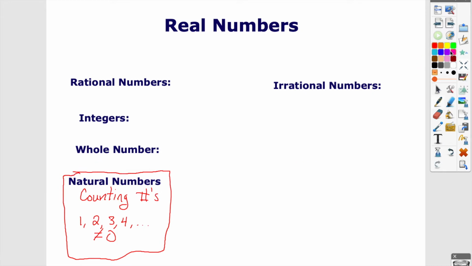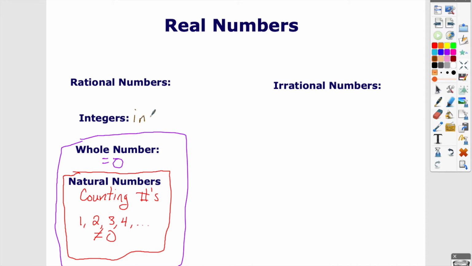Whole numbers are just like natural numbers, except natural numbers don't equal 0, and whole numbers include 0. So I'm going to say whole numbers are equal to 0 plus all of the natural numbers as well. Integers. Notice whole numbers are still not negative, but we have 0. So integers are all the whole numbers and natural numbers that are also negative.